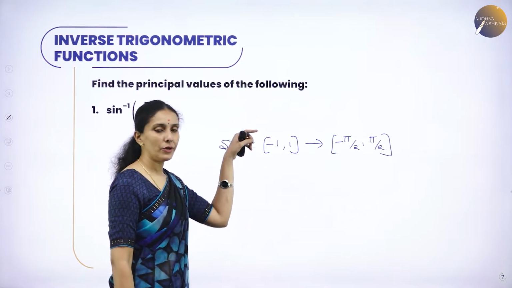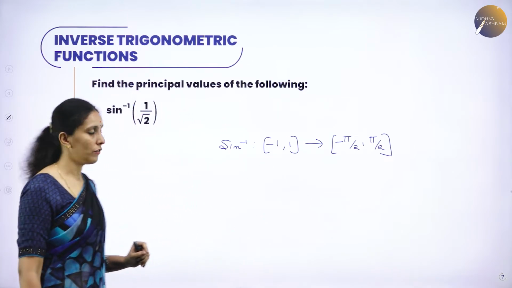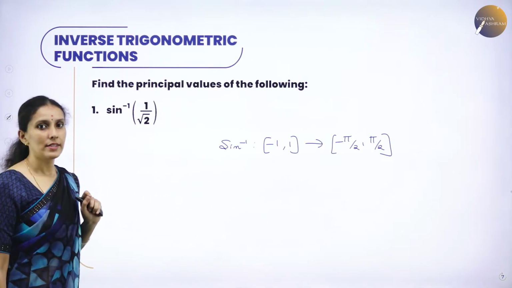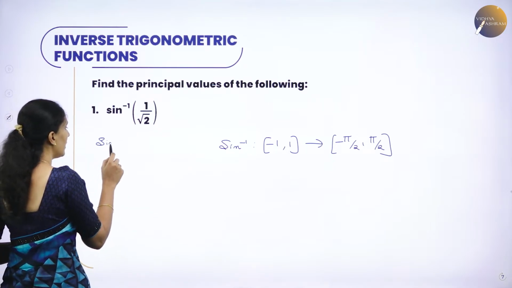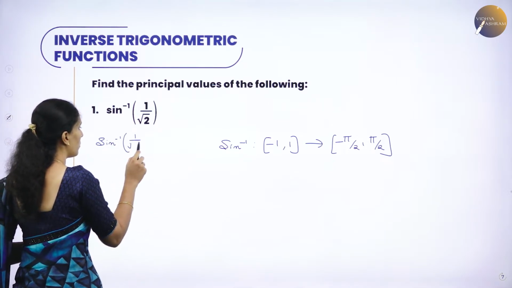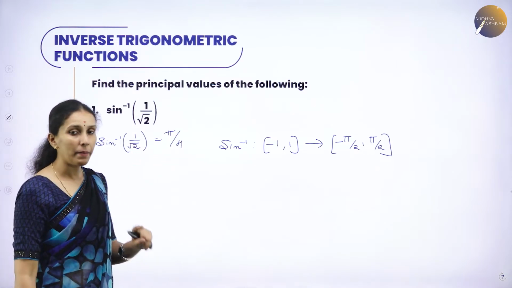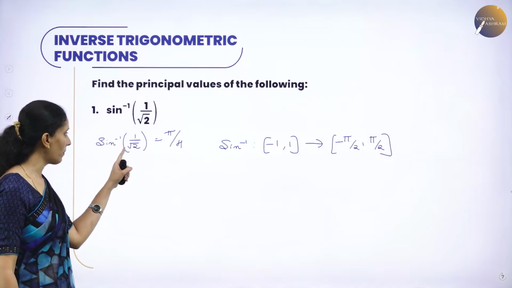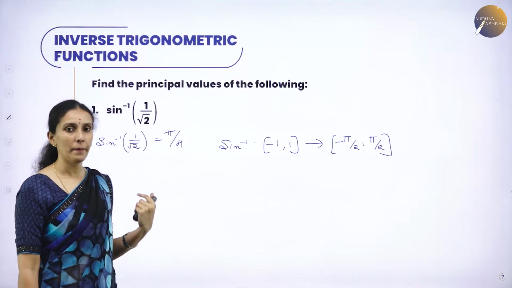So whatever value you input in the form of a real number, you will get it in angle form. So for what value of sine is it 1 by root 2? Clearly, sine inverse of 1 by root 2 is nothing but pi by 4. Remember, for sine pi by 4, the value is 1 by root 2. Therefore, sine inverse 1 by root 2 is nothing but pi by 4.